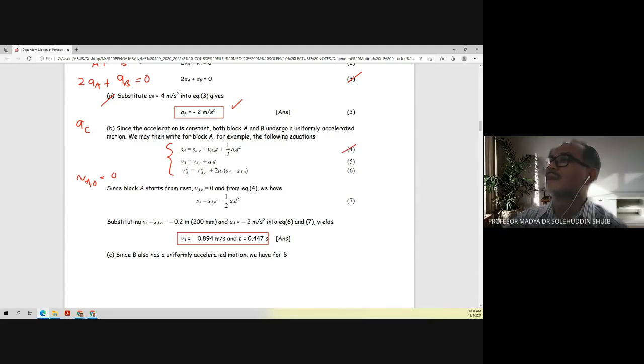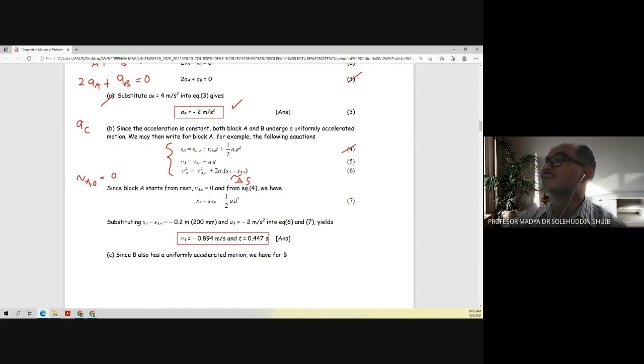We have s_A equals s_A initial plus v_A t plus half a t squared, and v equals v_A initial plus a t, and v squared equals v initial squared plus 2a delta s. We use equation 4 based on the information given.